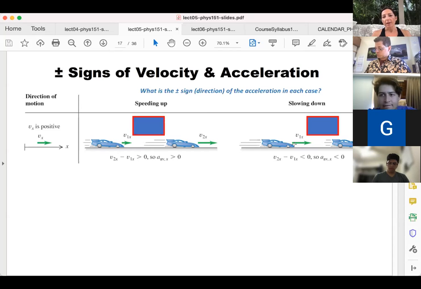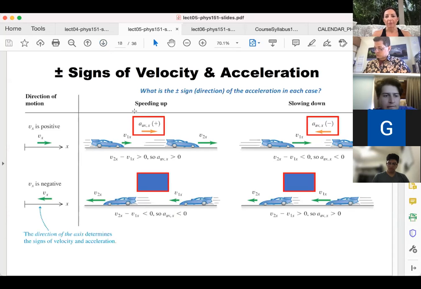While here, we are slowing down. Indeed, you see that the initial velocity is greater than the final velocity. And so you see how it should be the acceleration, negative. So the acceleration in this case is in the same direction as the velocity, right? Because you are increasing the velocity. So it is in the same direction, while when you are decreasing it is in the opposite direction of the velocity.